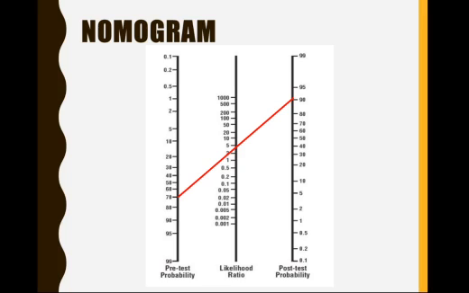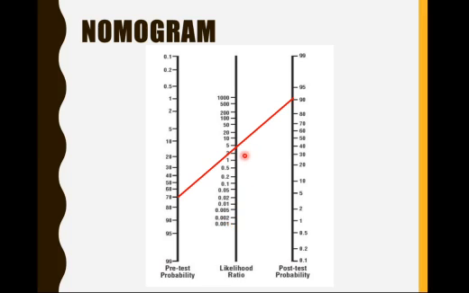Now, if you can see this one, this is the likelihood ratio, this is the pre-test probability, and this is the post-test probability. The likelihood ratio that we calculated is 5.